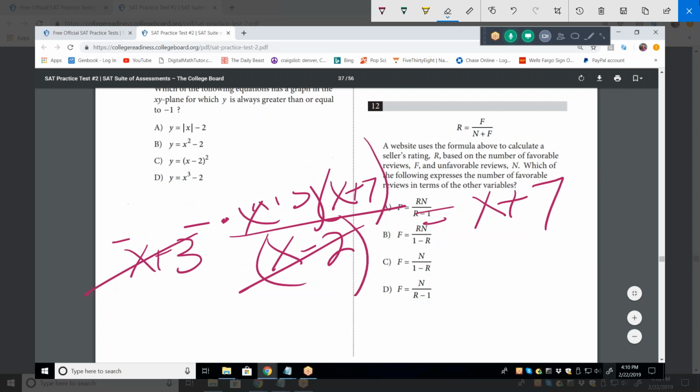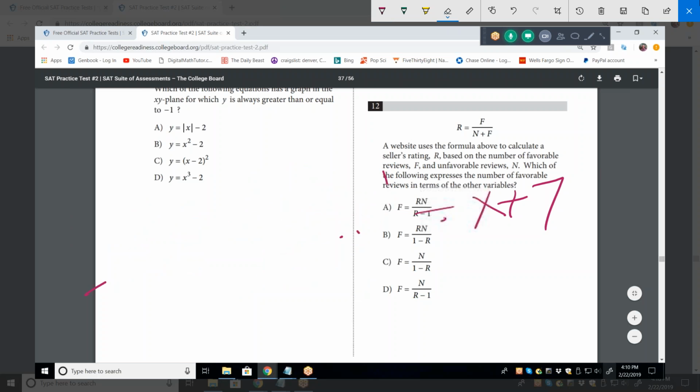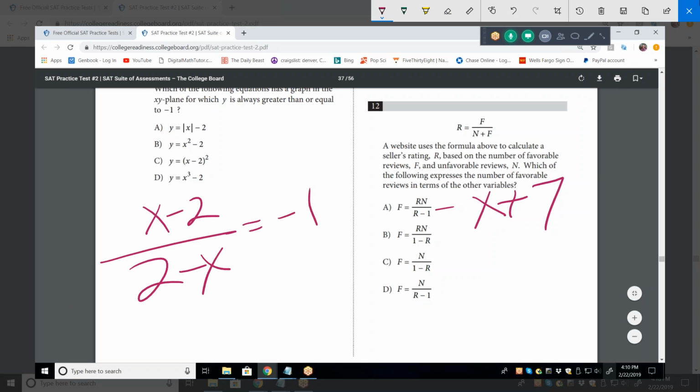Okay? And the general rule was that you could only cross off stuff that was exactly the same. But there is one exception. And that is if you have x minus 2 and you have 2 minus x. Those are not exactly the same. But I know that that's always minus 1. So you can cross them off and replace them with a negative sign instead of a 1.